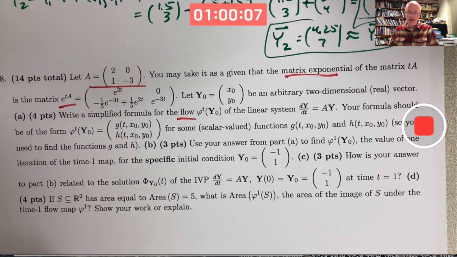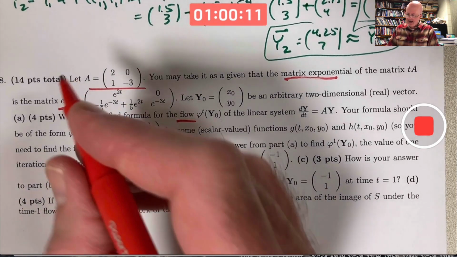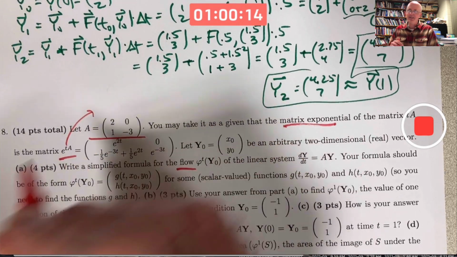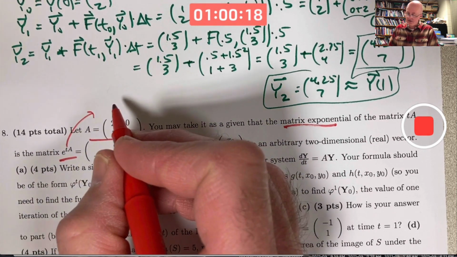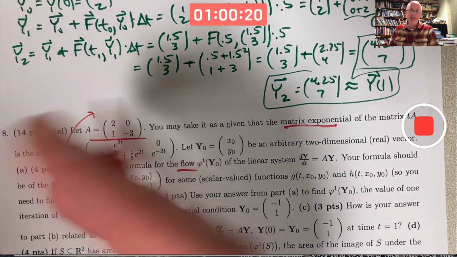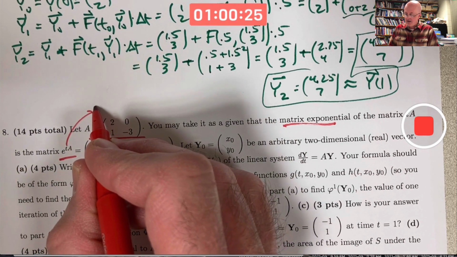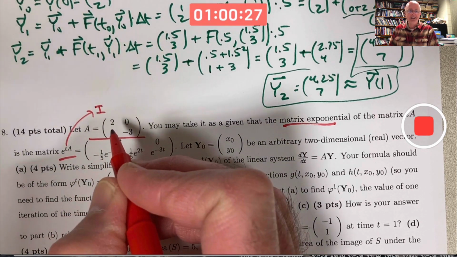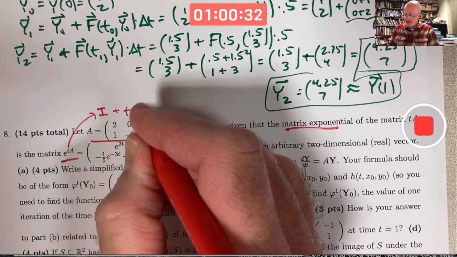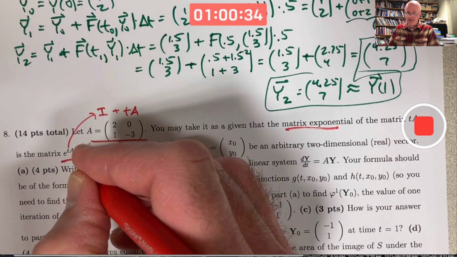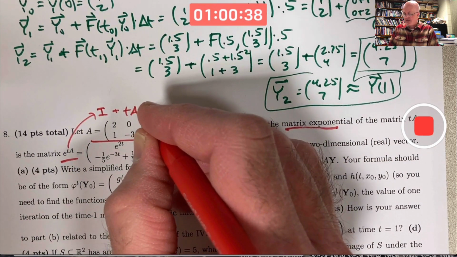What is e to the matrix power of t times A? It's another matrix. Technically, it's defined, I think this comes up in a true-false question on the next page, as a Taylor series that is the analogous Taylor series for e to the x in terms of matrices. It's the analog of the number 1, which is the matrix I, the identity matrix, plus x, which is t times A. That's like acting like e to the x, where x is t times A. Plus, how does the Taylor series for e to the x go?